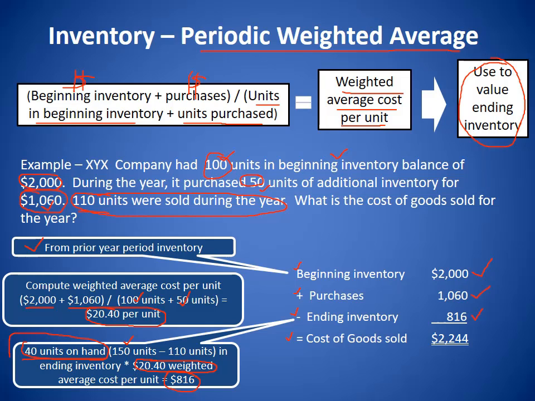That means the total cost of goods that we had available was $3,060 during the year. From that, we had $816 left over, which means the amount that we must have sold was $2,244. And that's the illustration of how we calculate periodic ending inventory on a weighted average basis.